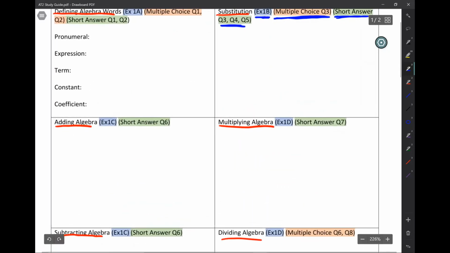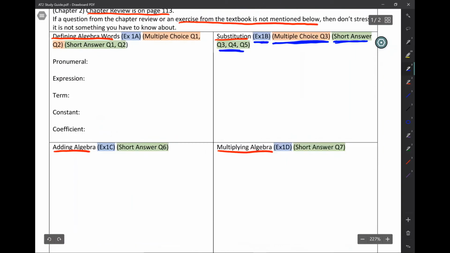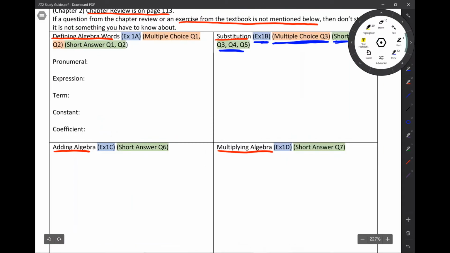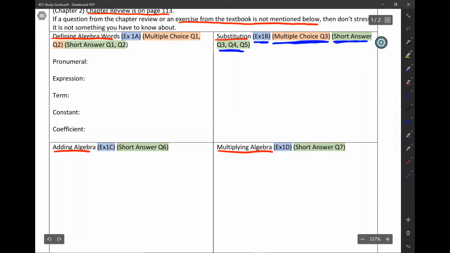Okay, and the way we use this sheet is, in each of the boxes, I want you to try and write 2, maybe 3 little tips or tricks that will help you be able to answer a question on that topic.